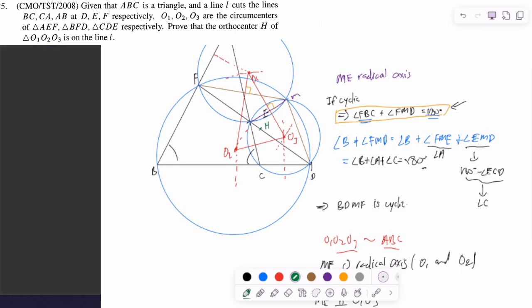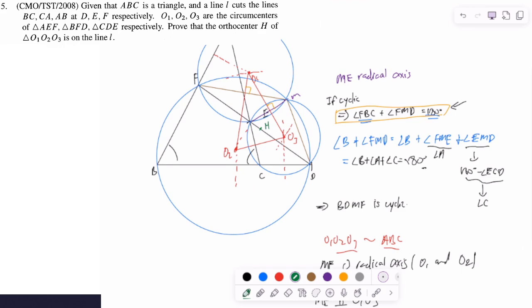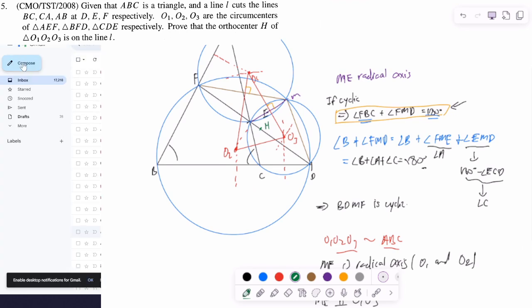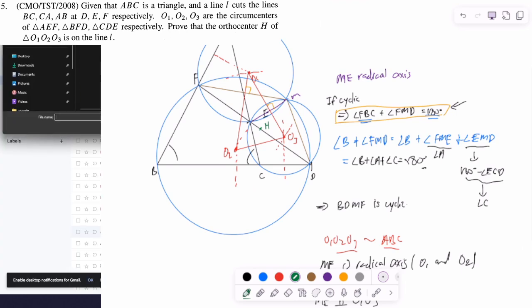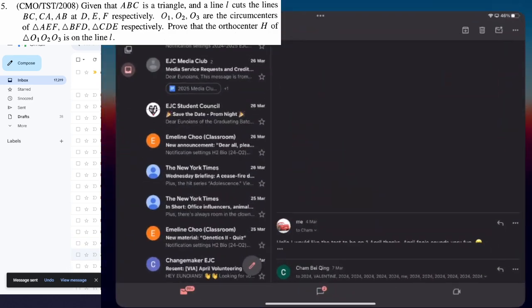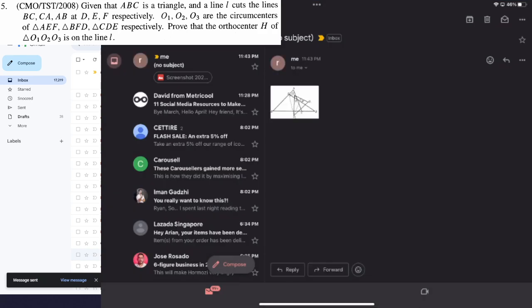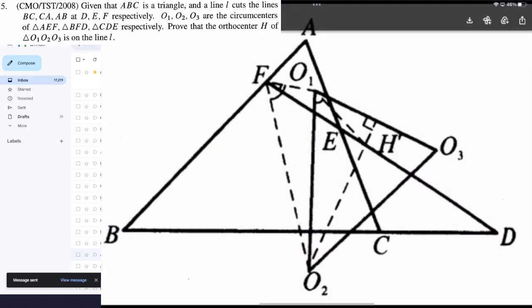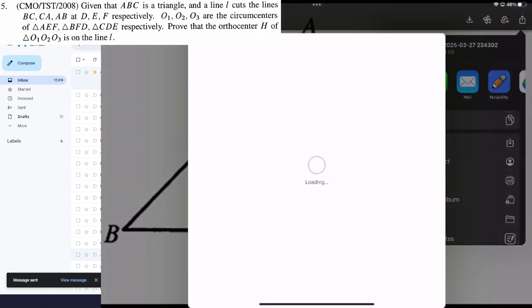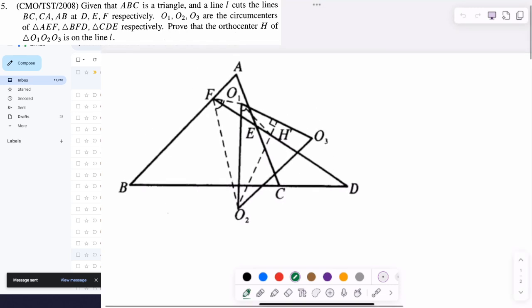Wait, sorry. Sending it over to my iPad. Alright, so I have it open now.